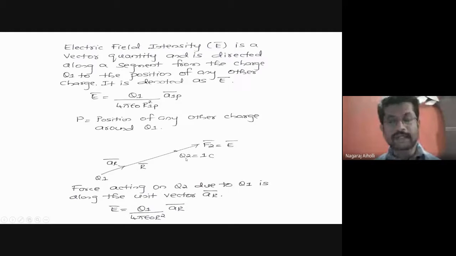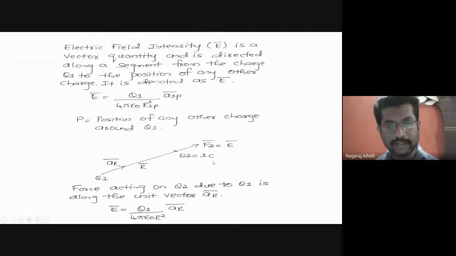Let us assume that the second charge here, Q2, is 1 coulomb. It is unit charge. If it is 1 coulomb, then according to our formula, E bar is equal to Q1 by 4 pi epsilon naught R square into AR bar, because it is a force per unit charge. E bar is F divided by Q2. Correct?